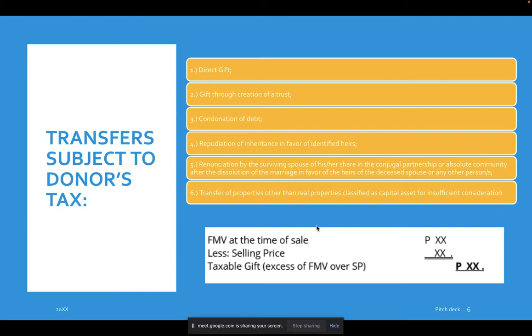So, yung ito sa transfer with insufficient consideration, yung fair market value of the property at the time of sale, bawas mo yung magkano lang siya binenta, ibig sabihin yung excess of the selling price ng fair market value, yun yung sinasabi ng batas na donation, yung transfer for insufficient consideration.